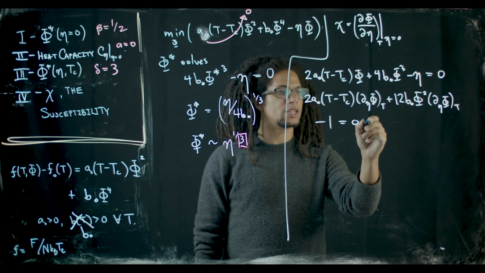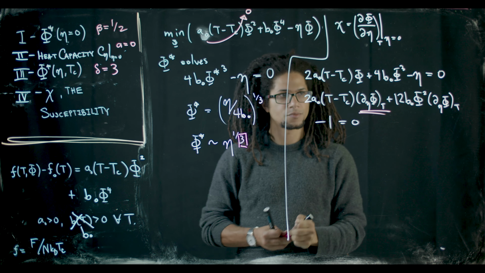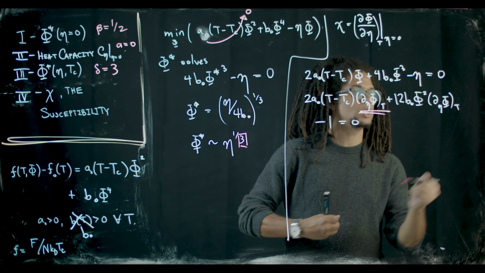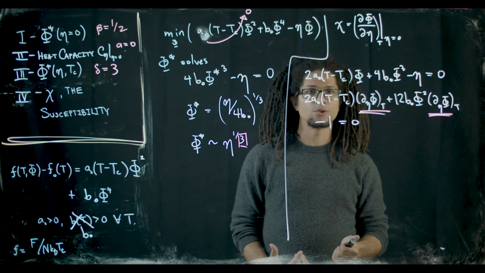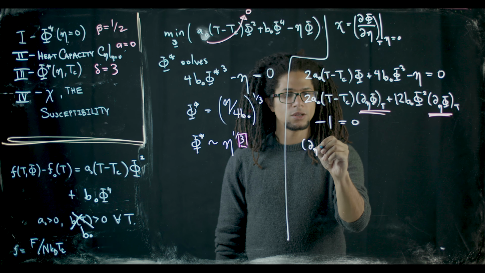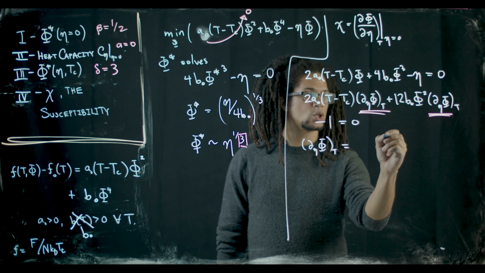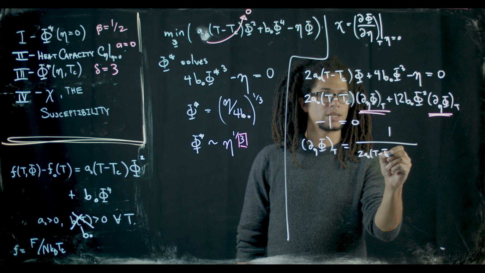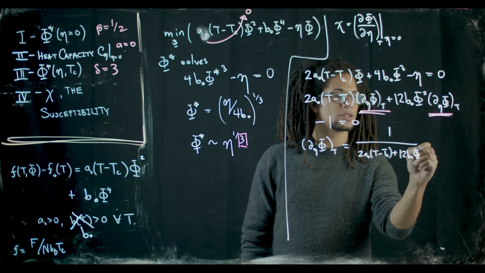And I can solve this for this object that I want, in particular because these two terms share it. So I can just factor that derivative out and then move things around. What I find is that the partial of phi with respect to eta while fixing t is equal to 1 over 2a naught (t minus tc) plus 12b naught phi squared.